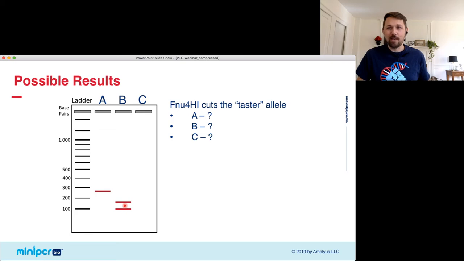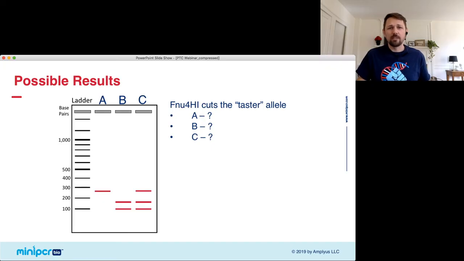This one has two fragments after we added our FNU4H1. And finally, we have an option. It could have three, right? So it could have the 250, and then it also has these two smaller ones.